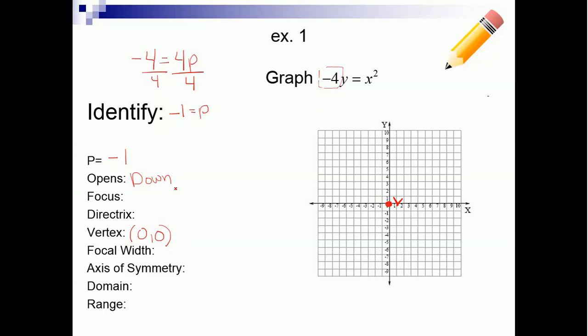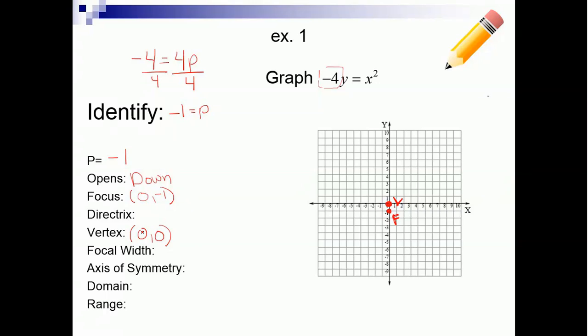This helps us think, where's your focus going to be? If I'm going down, I know my parabola is going to look something like this, right? So I know I need to go down 1 here to find my focus dot. It's going to be right here. I'm going to put a nice F right by it so I don't get lost. So my focus is at the point 0, negative 1.